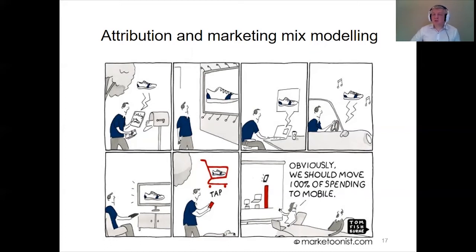Because maybe his journey started from finding our flyer in his mailbox, paying 2% of the sale. Then he encountered our billboards all around his town, paying 2% more of final sale. So he got interested in our running shoes. He went on to search for them and visited our website.